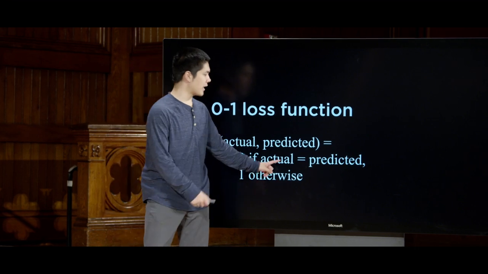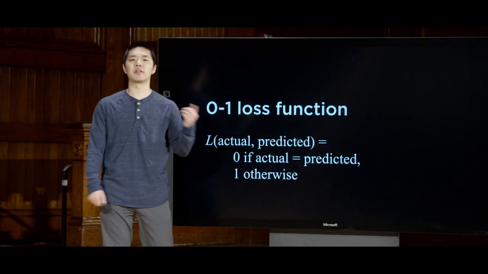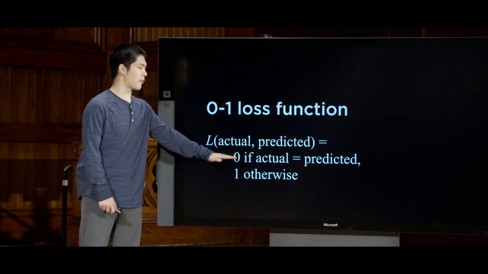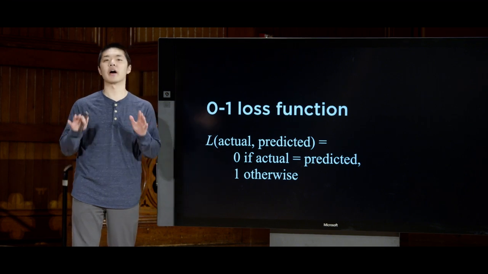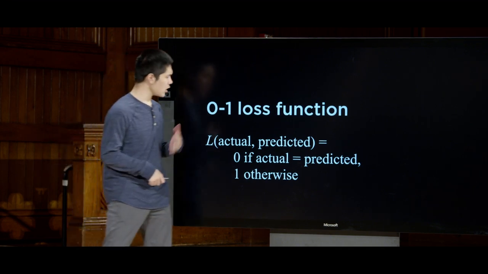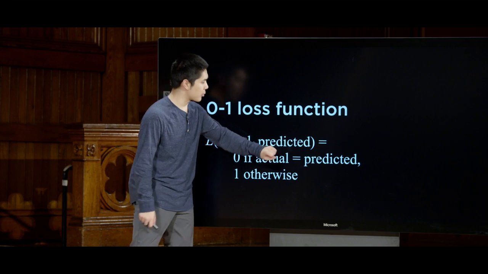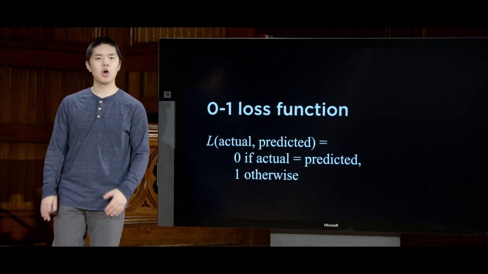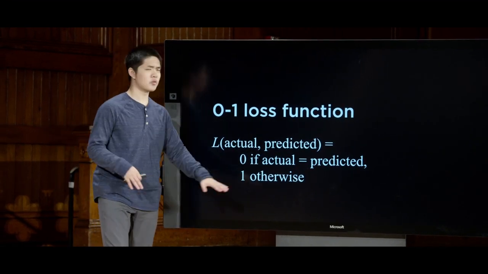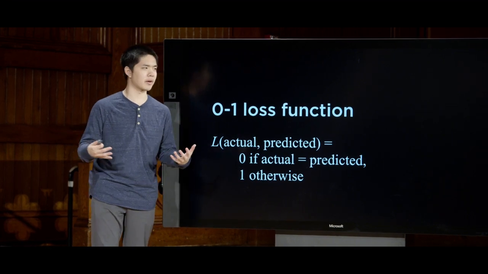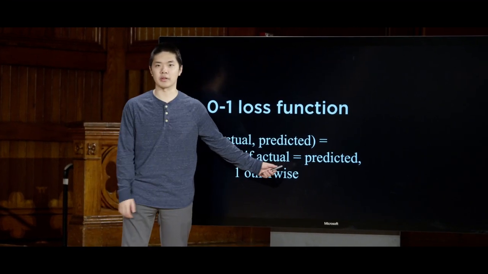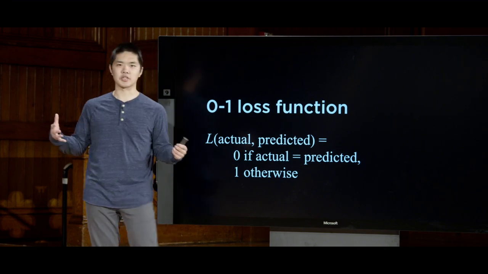And if the actual value equals the prediction, well, then the 0, 1 loss function will just say the loss is 0. There was no loss of utility because we were able to predict correctly. And otherwise, if the actual value was not the same thing as what we predicted, well, then in that case, our loss is 1. We lost some utility, because what we predicted as the output of the function was not what it actually was.